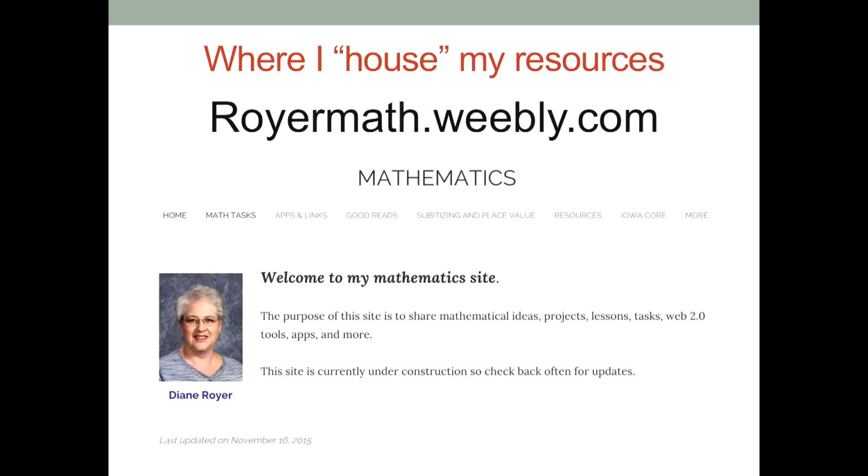The second tab over is called Math Tasks. I have a slideshow of a document as well as a downloadable PDF where I've collected over 30 different places that house this. So I'm going to take you out and take a look at that right now. So if you want to see what that looks like, my computer comes back up.